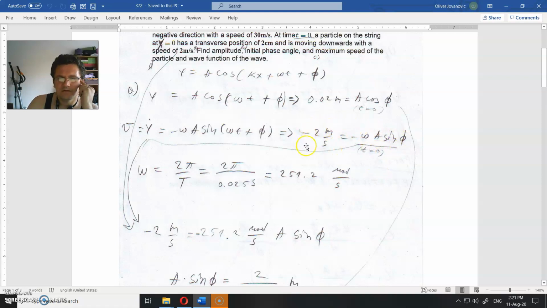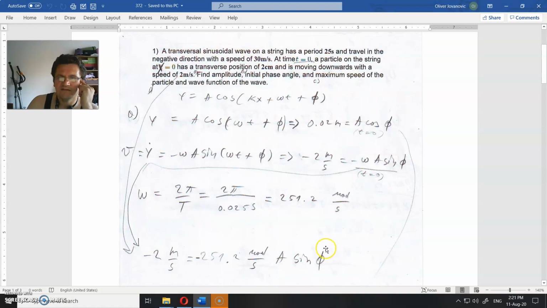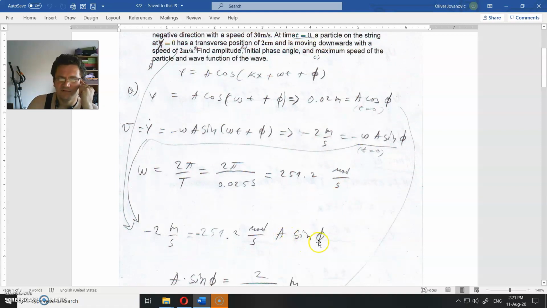As you can see, 2 meters per second, 2 meters per second. Omega angular frequency, which is calculated, minus this, okay. A is something that we do not know, that is amplitude, and sine of phi. And this phi is initial angle, how do you call that? Initial phase angle. So this is amplitude, this is initial phase angle. So we derive this from the speed.